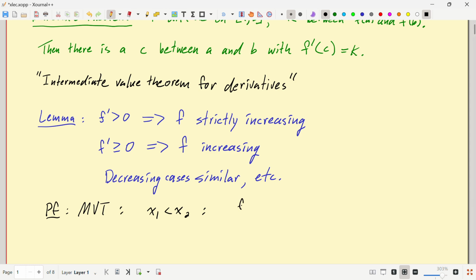Then I would have f of x2 minus f of x1 over x2 minus x1. We know that's equal to f prime of c for some c between x1 and x2.